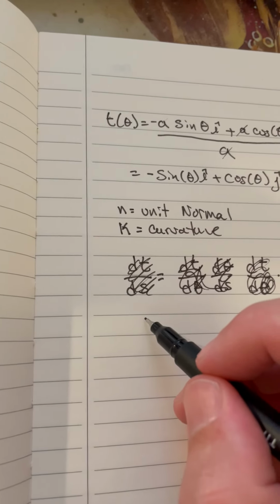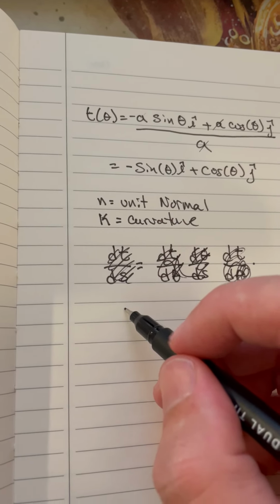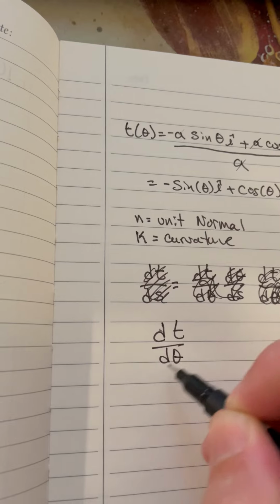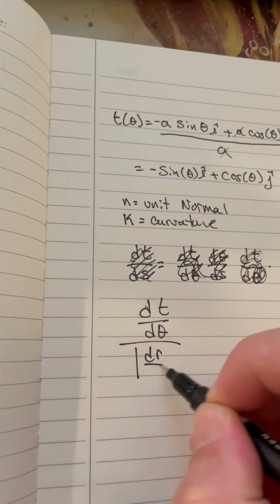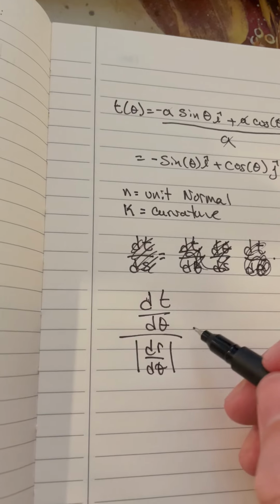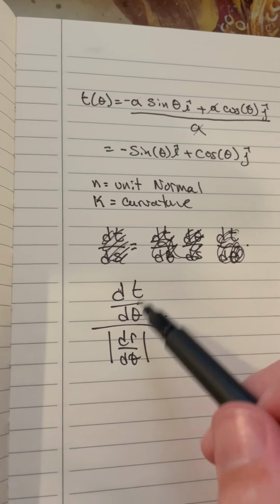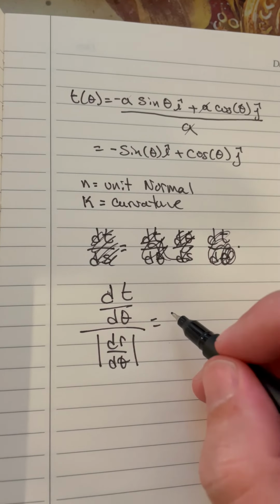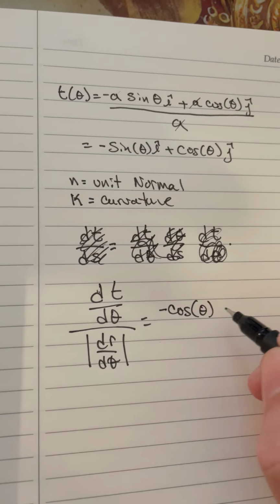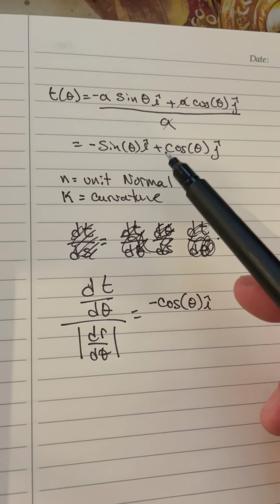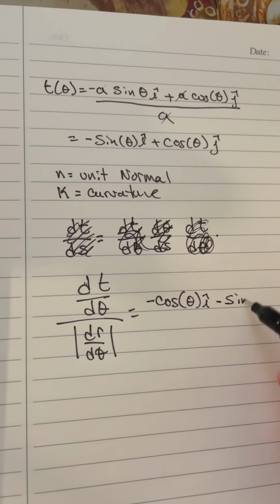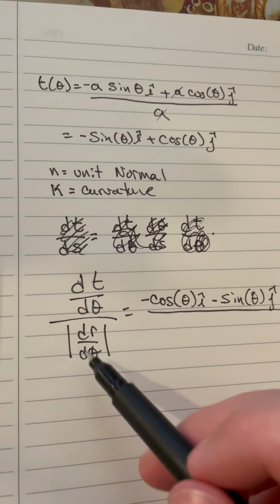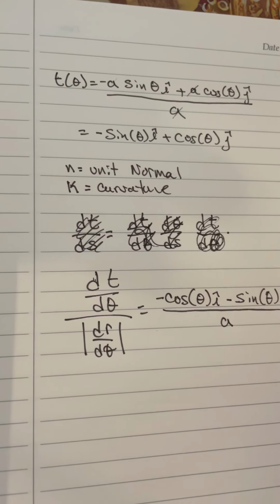So in the book, they tell you that if you want to find the unit normal vector, all you need to do is this: dT/d theta divided by the magnitude of dT/d theta. This was the equation I found in the book. So dT/d theta means I have to take the derivative of this, which isn't too bad. So the derivative of this would be negative cosine theta i, and then take the derivative of this part, minus sine theta j, and then divide it by the magnitude of dr/d theta, which we found on the other page was a.